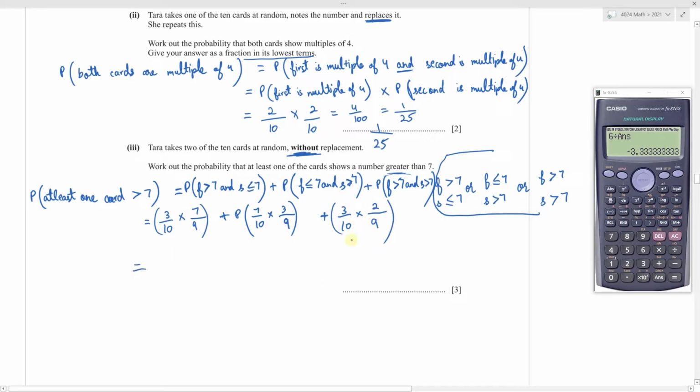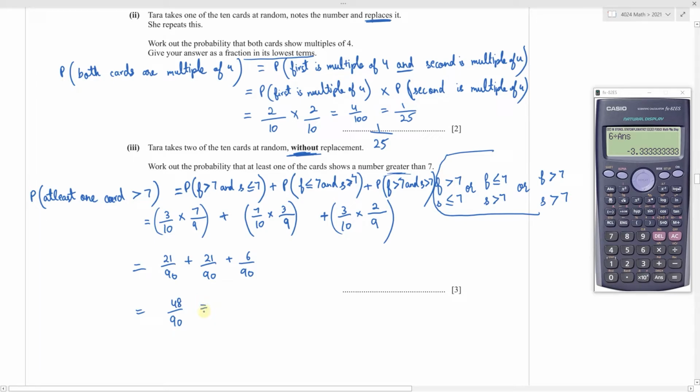So now let's add all these. So this is 21 over 90 plus this is also 21 over 90 plus 6 over 90. So this is 48 over 90.